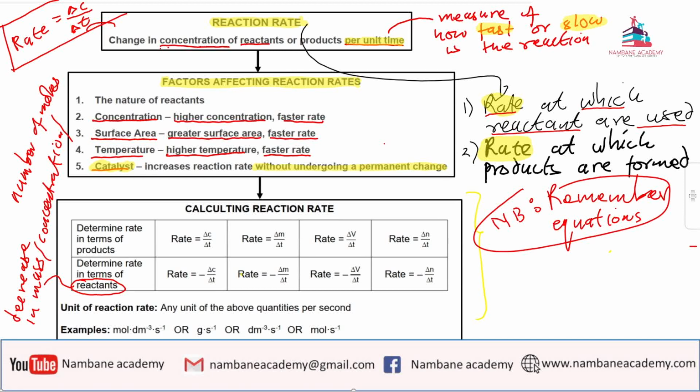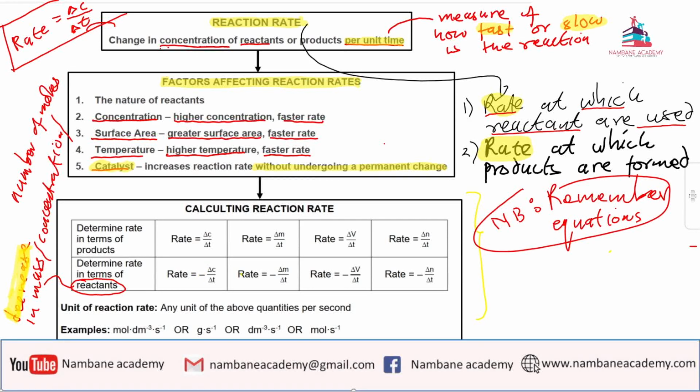They always have a decrease in number of moles, in concentration, as well as in mass. It can even further be in terms of the volume that we have. So the emphasis here should be that every equation dealing with a reactant must have this negative sign.